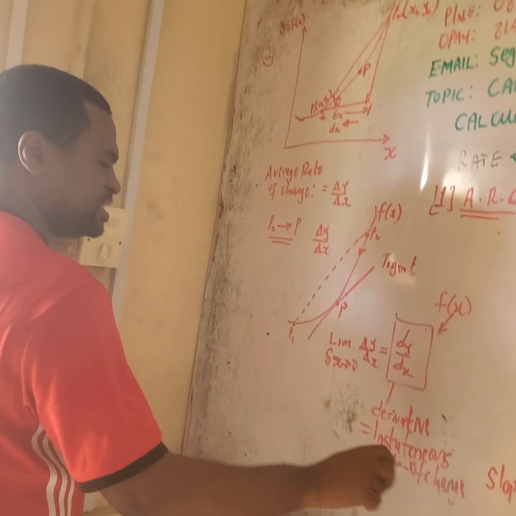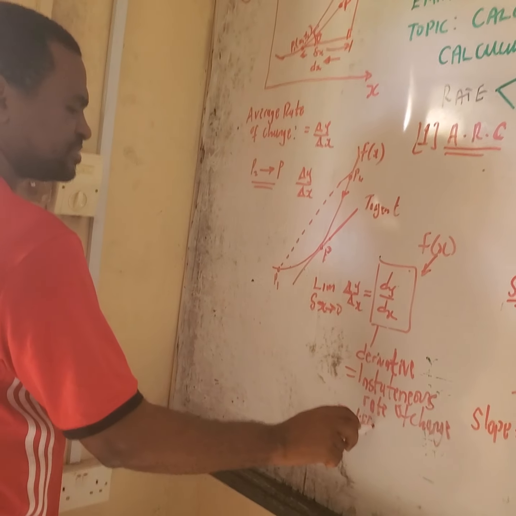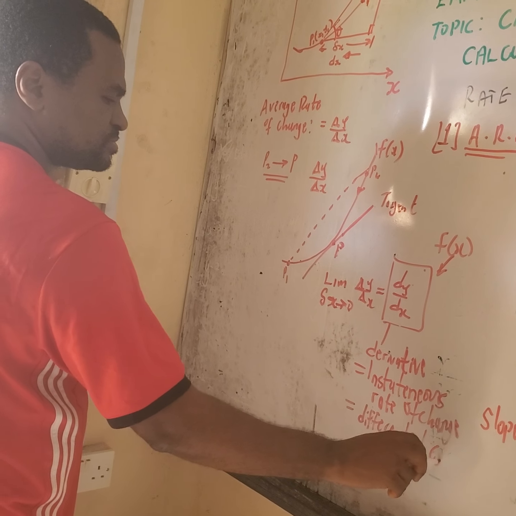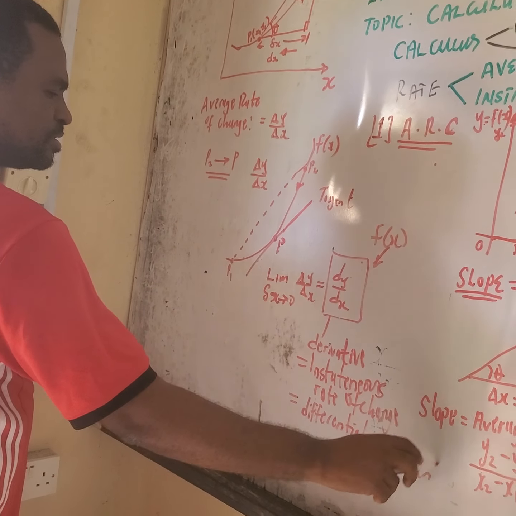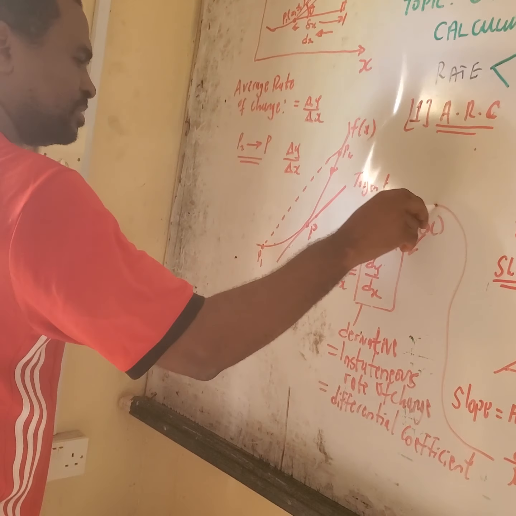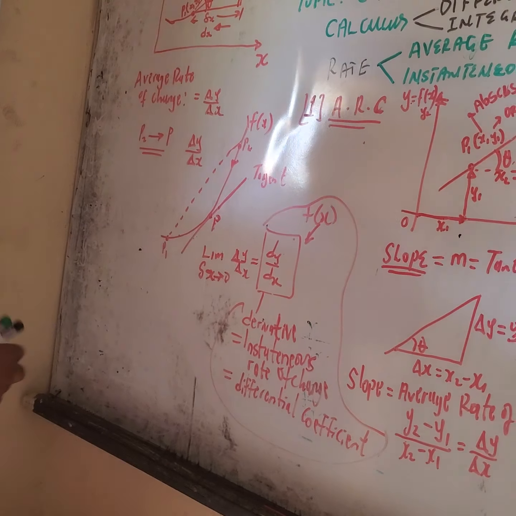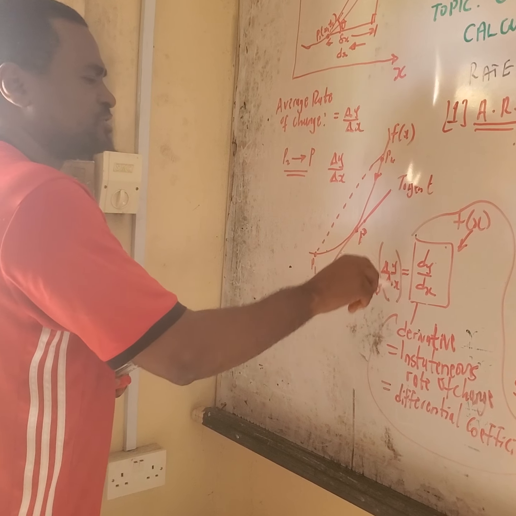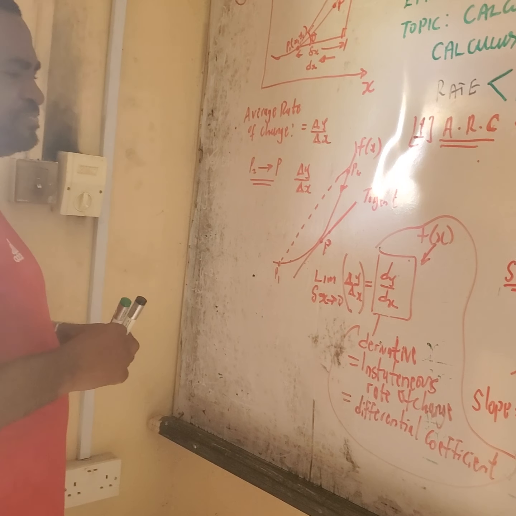It also has another name, called differential coefficient. So you can come across different names of this dy dx. So this is the relationship between the average rate of change and instantaneous rate of change.